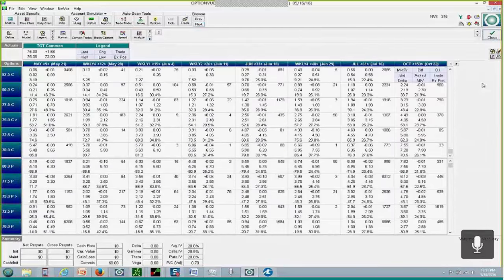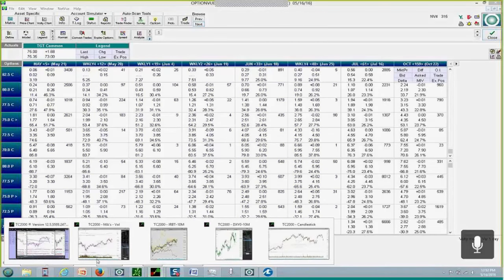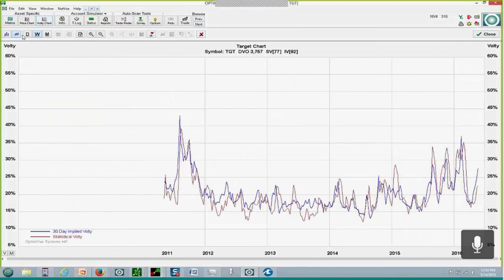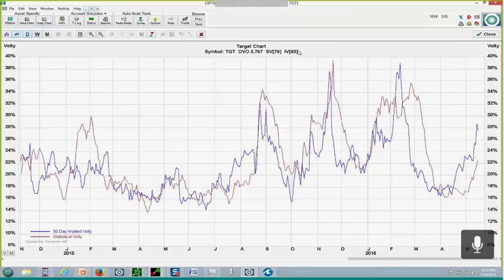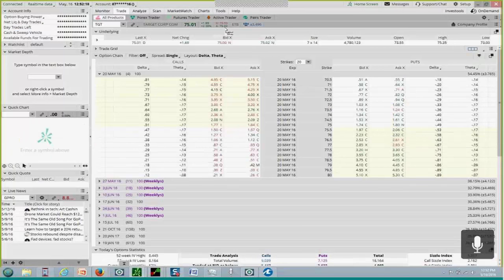And so what we're talking about here is, number one, I'm looking at the implied volatility. And the implied volatility is extremely high. It's at 93. We're looking at Target, which I have a bias that it's probably going to go down. And I'm showing that thinkorswim says that there's probably going to be about a 3.5 point move when earnings comes out.